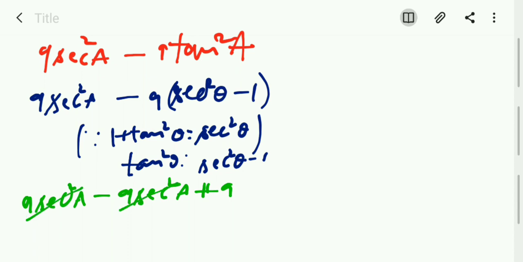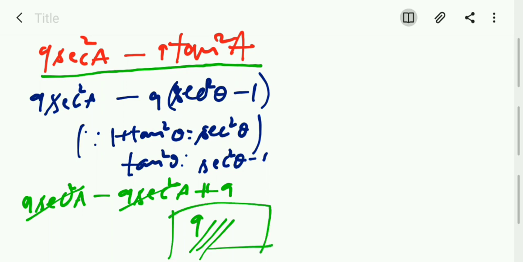This minus gets cancelled out. What are you left with? It is 9. So the value of 9 secant square a minus 9 tan square a is nothing but 9. Look, everything looks very, very simple if you know the basics very well.